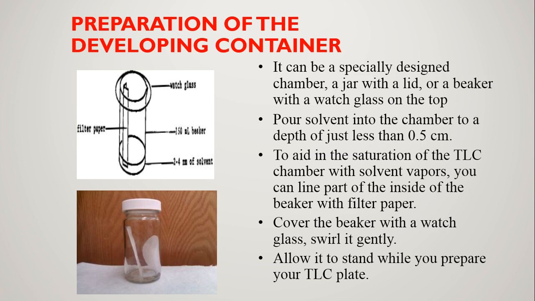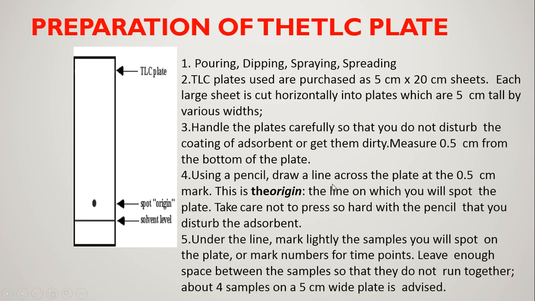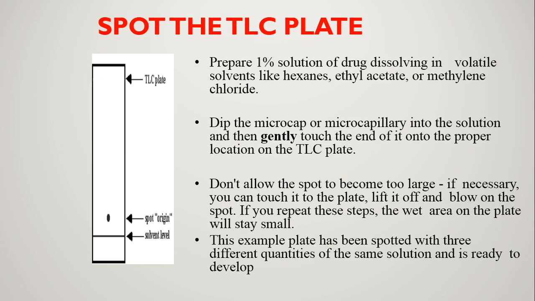So these things we have seen in previous lectures, that how we prepare our developing container using various volatile solvents, then how we make origin line and put sample spot over it using capillaries or micropipettes, and the solutions of samples, dilute solutions of samples which are prepared into any organic solvents.